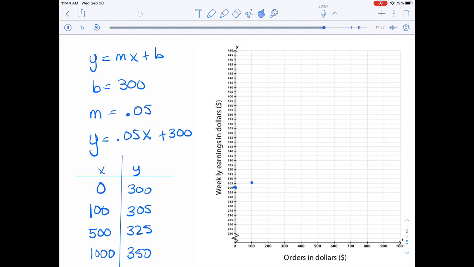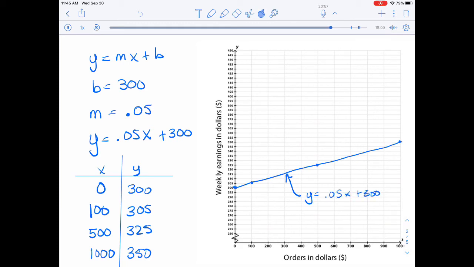At 500, we have 325. And at 1,000, we have 350. Let's connect these coordinate pairs. Let's label our line with the equation y equals 0.05x plus 300.